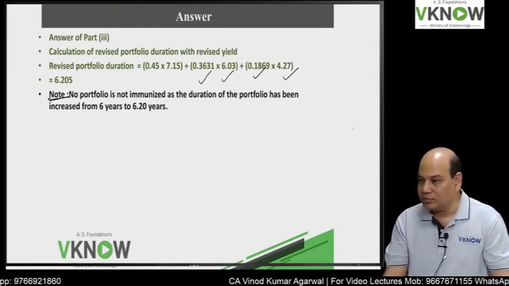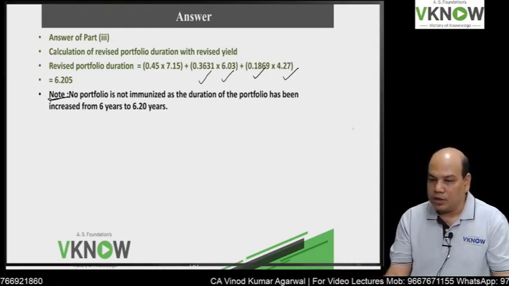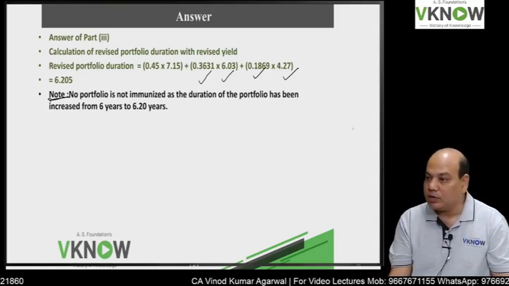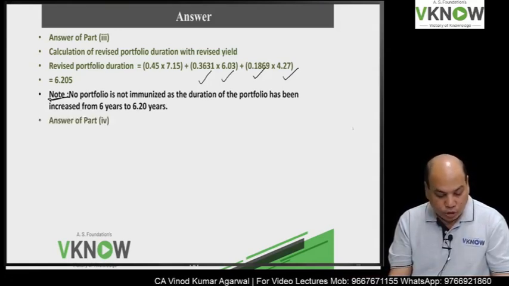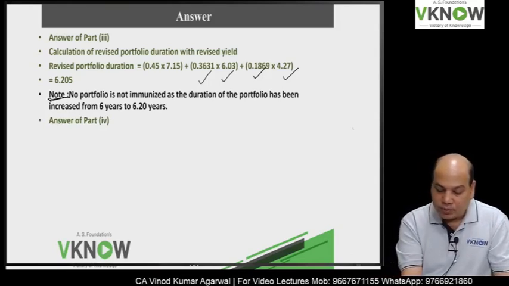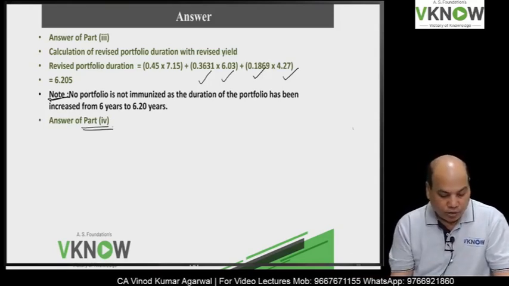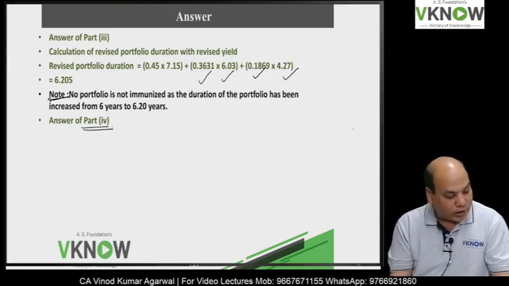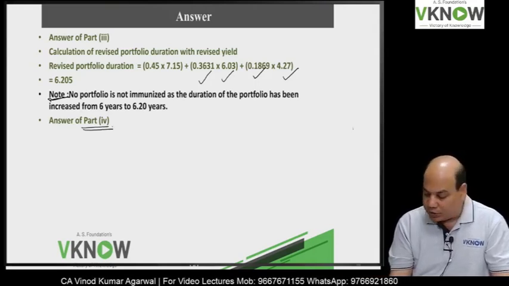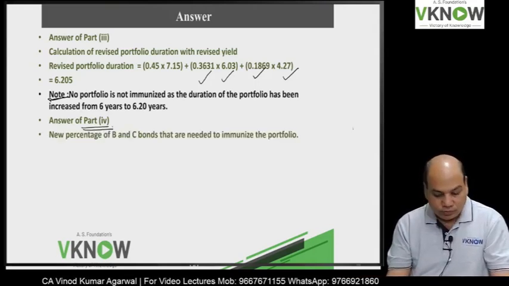Weight of bond A is still 0.45, you have to find the weight of the other two bonds with the new duration. So write down the answer of part 4. We have to solve it like the second part only. Keep the question in front of you.